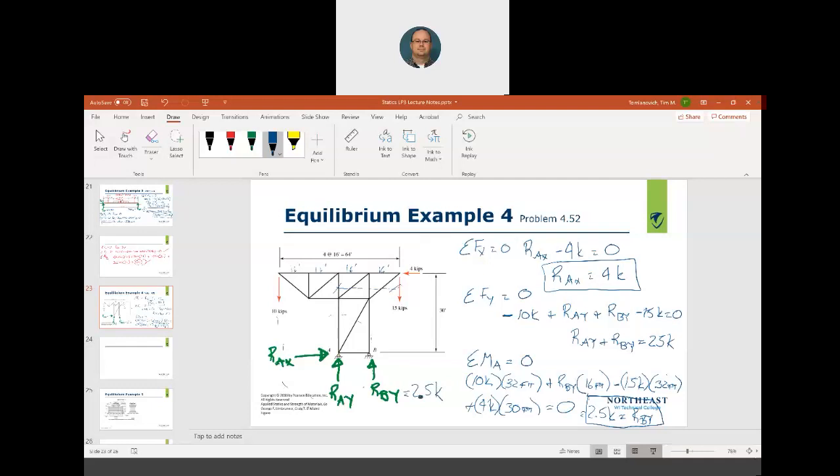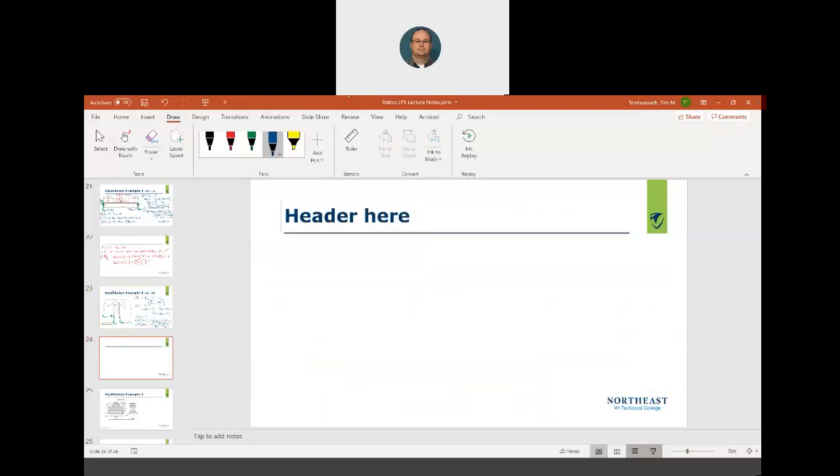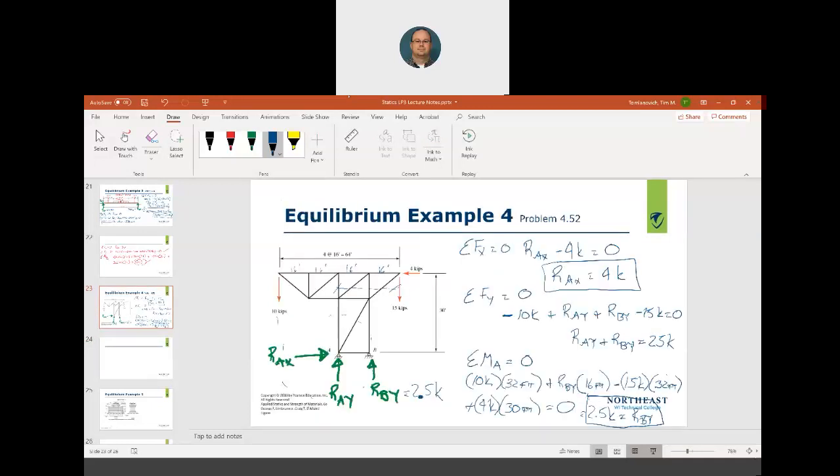Okay? All right. Now, I'm going to do substitution. Okay, so what am I going to substitute? I'm going to substitute RBY into this equation. So this was steps 1, 2, 3. First step, right over here, free body diagram, X and Y, and point loads. Okay, going to step 4.